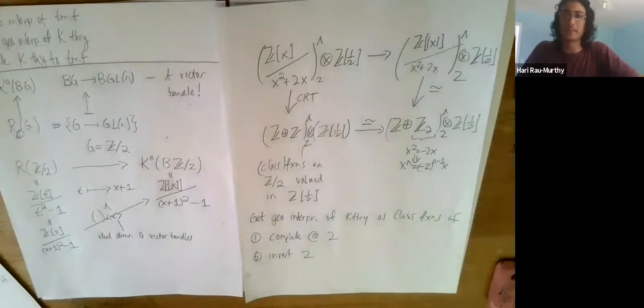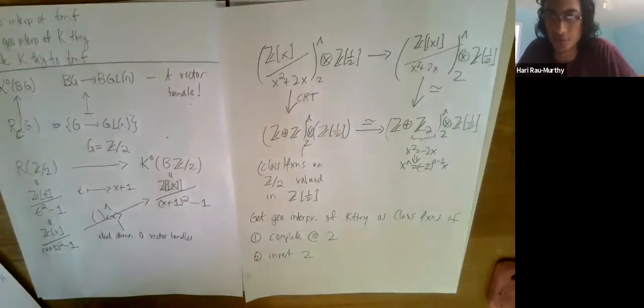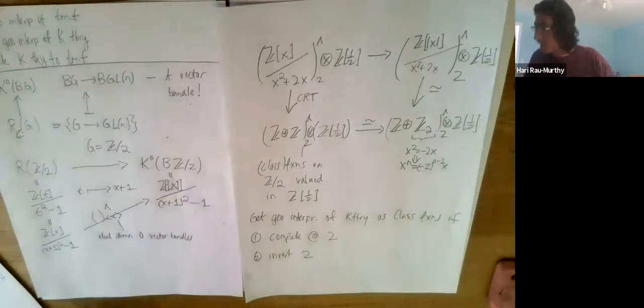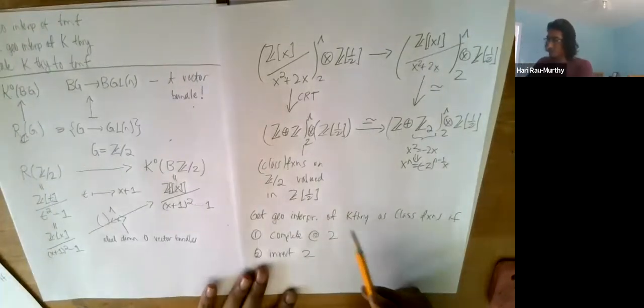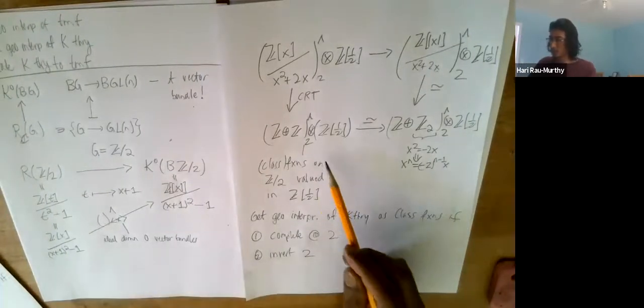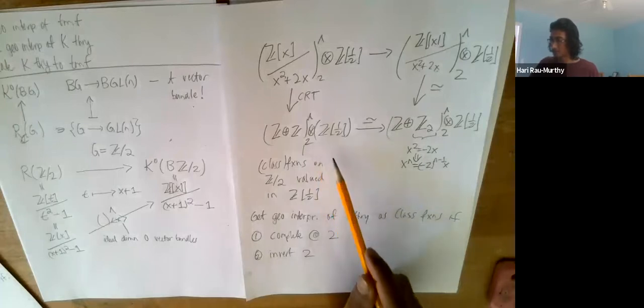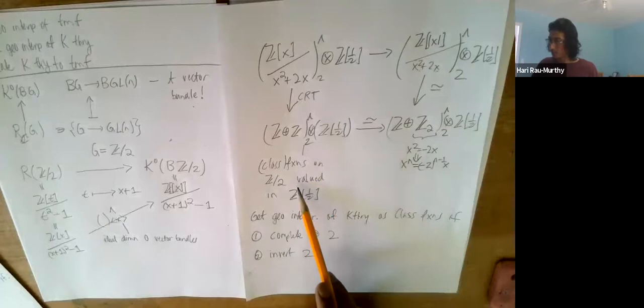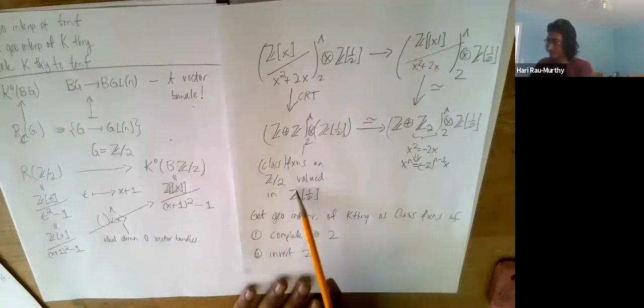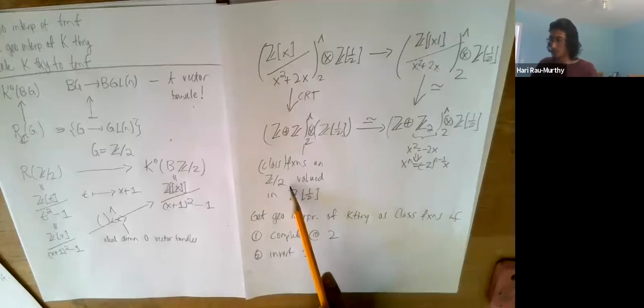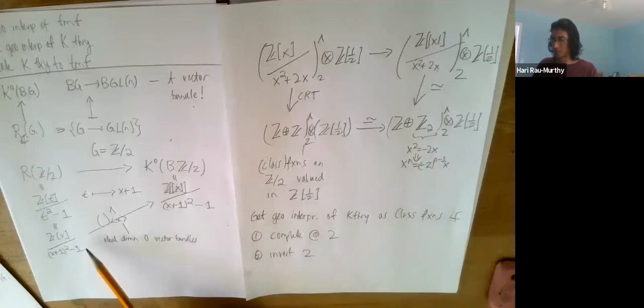Well, I guess one thing is nice. If you're dealing with an abelian group, then these class functions are just functions. These are functions on Z mod 2, and Z mod 2 is like the 2 torsion inside the multiplicative group.